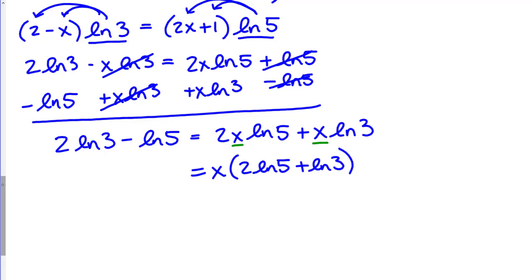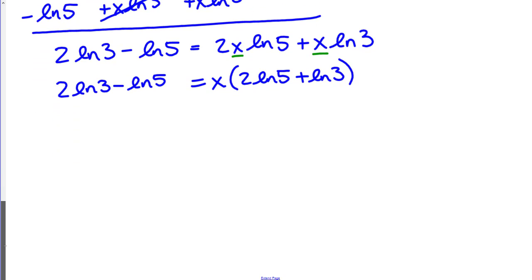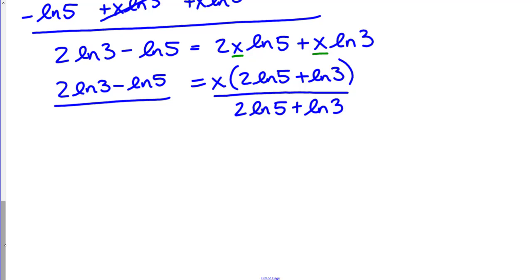Okay, so I still have this stuff on the left-hand side. Now, to solve for x, all I need to do is divide by this constant right here, the 2 natural log 5 plus the natural log of 3. And I'm going to divide both sides by that.